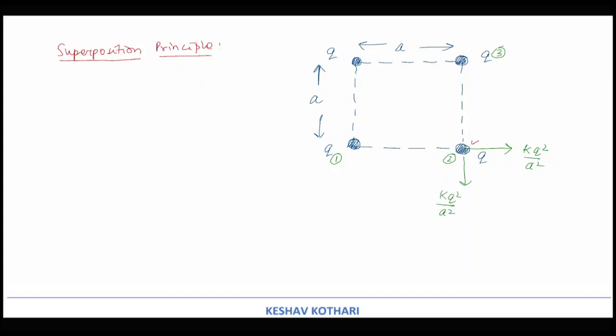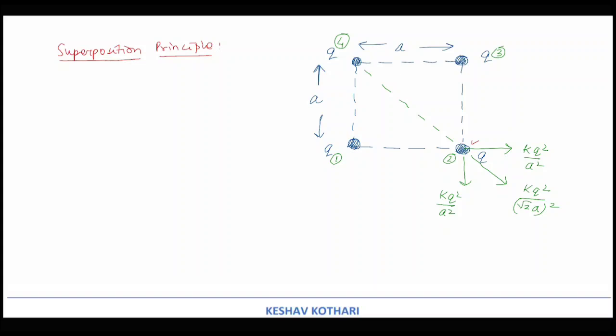And the third force which we are identifying is because of the fourth charge over here, which I am calling 4, and it is equal to kq square upon the separation between them, which is root 2a, so we are writing it as root 2a whole square. So these are the three forces which we have calculated for the charges placed in the vicinity of this given charge.